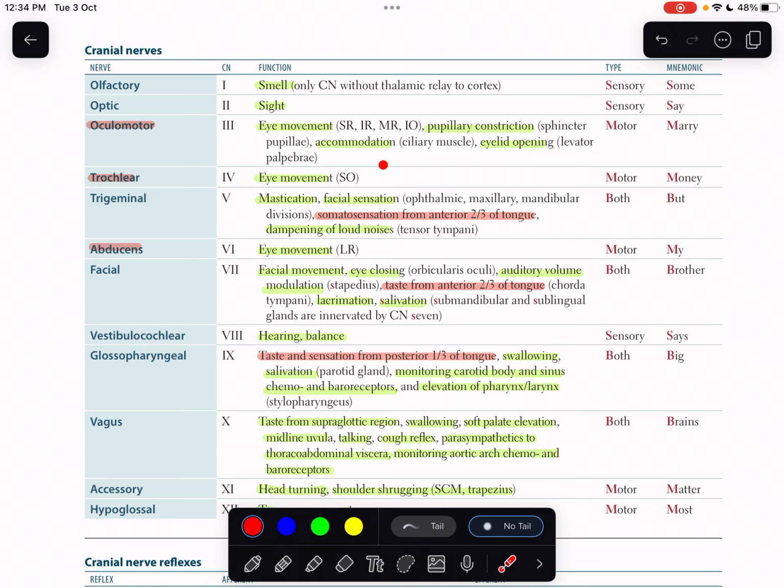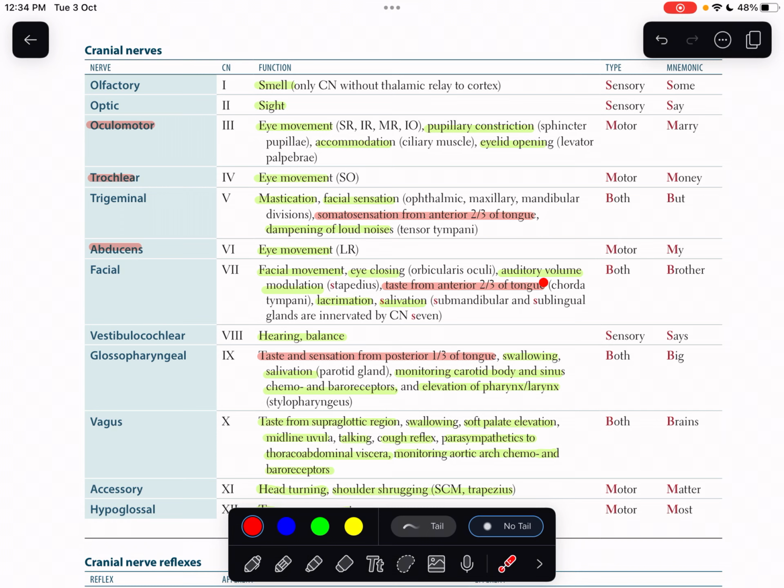Which nerve is involved? Oculomotor nerve. And which muscle is involved for eye closing? Orbicularis oculi. So if the orbicularis oculi or this facial nerve gets damaged, you cannot close your eyes. They are going to stay open.